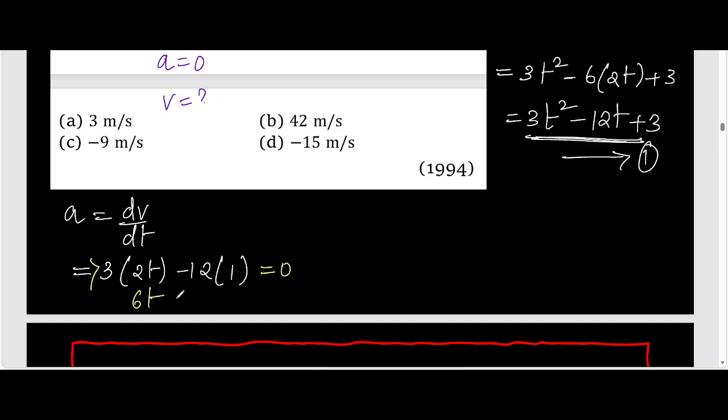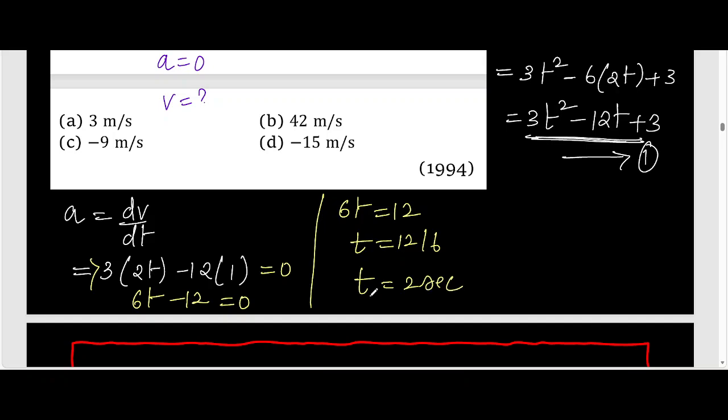You get 6t minus 12 equal to 0, so 6t is equal to 12 and t is equal to 12 upon 6, which is 2 seconds. So we got the time as 2 seconds when acceleration is 0.